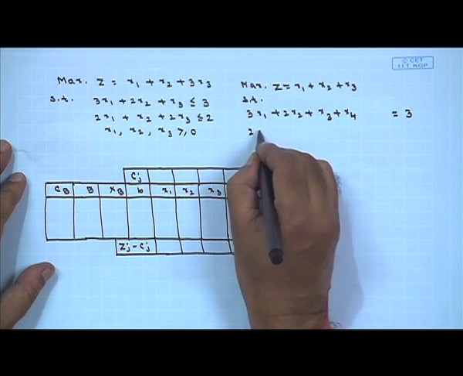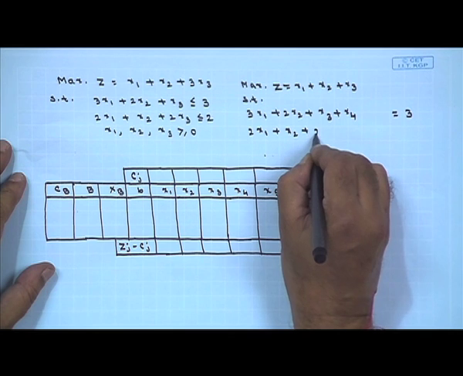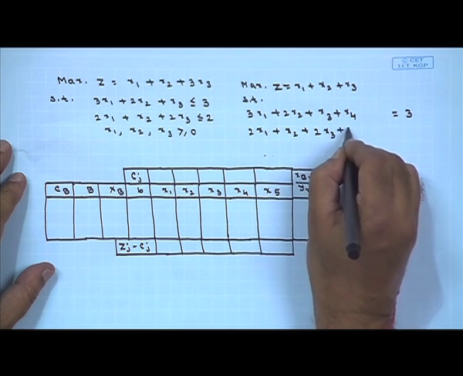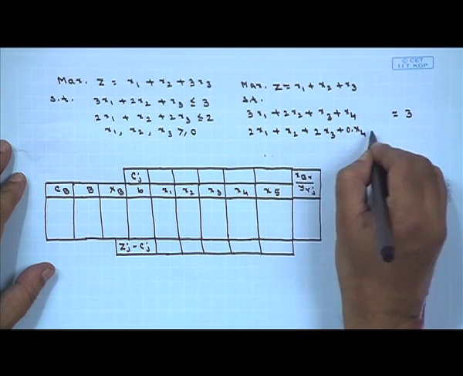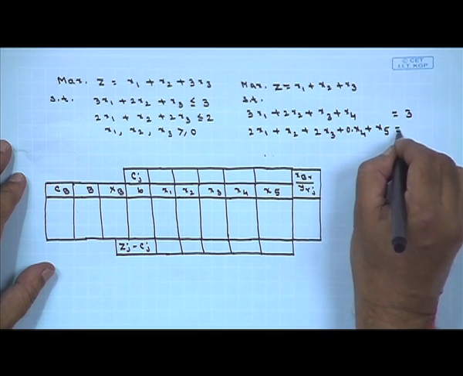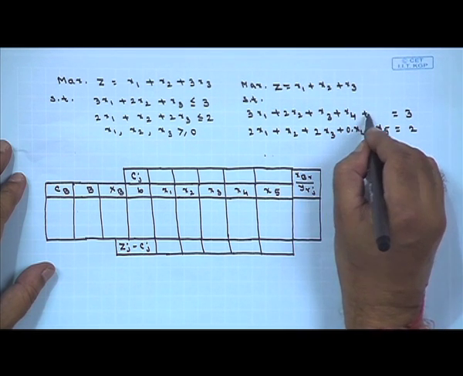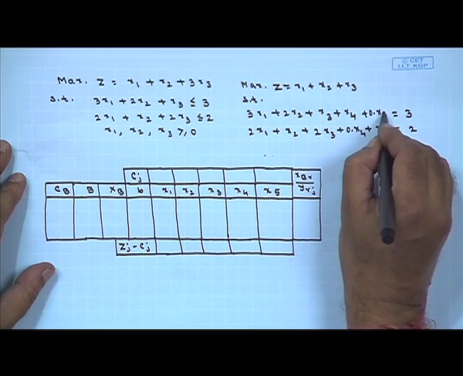The next one is 2x1 plus x2 plus 2x3, 0 into x4 plus x5 equals 2. Here I can write it as 0 into x5 always.